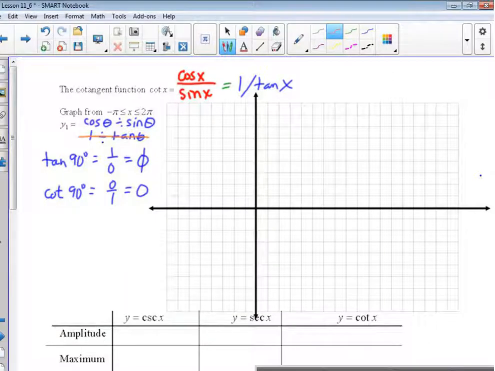Okay, so when we go back here, if we do the cosine of 90 degrees divided by the sine of 90 degrees, which is what's going to happen if you do cosine over sine, the cosine of 90 is going to come out as 0 and sine is going to come out as 1. So in the table, you're going to get 0.